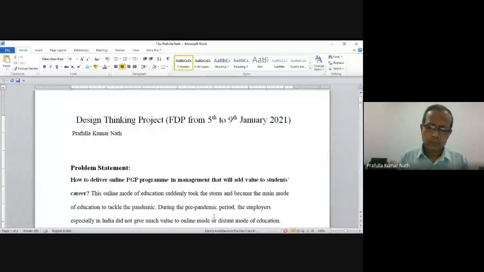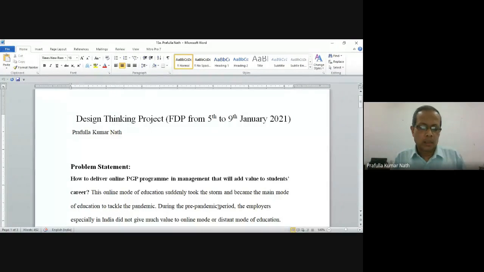But earlier, in India in particular, companies did not love to hire candidates having online degrees.